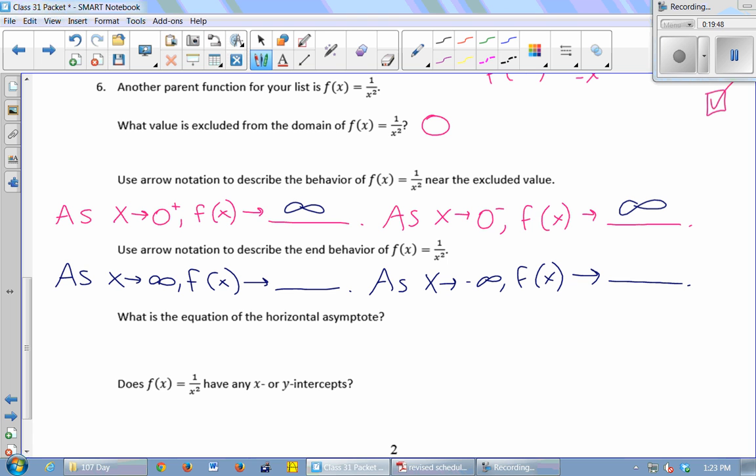As x approaches infinity, you're plugging really big numbers into this denominator, and 1 over a really big number is a really small number, right? So these values of the whole fraction get teenier and teenier as the number you plug in gets bigger and bigger. So it approaches 0 at the far right and the far left, which means I have a horizontal asymptote at y equals 0.